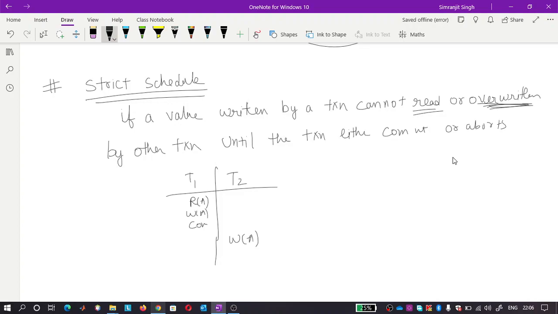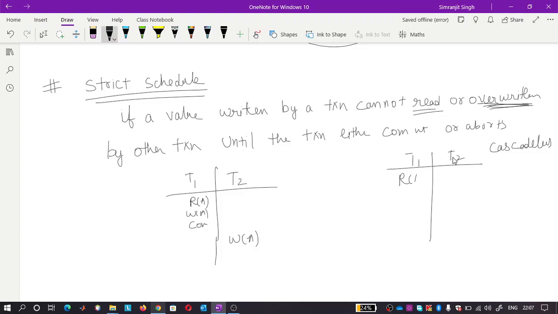Strict schedule makes that particular thing also stricter. Now you cannot write here. Previously in cascadeless this was possible. So this is a cascadeless schedule but not a strict schedule.